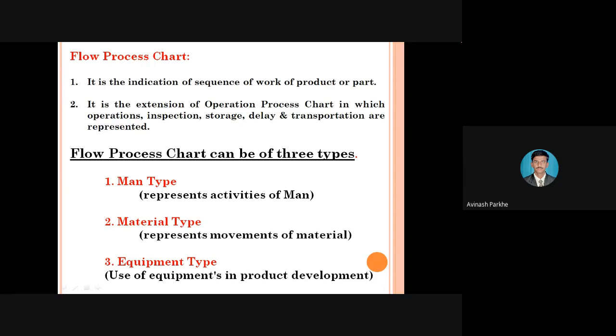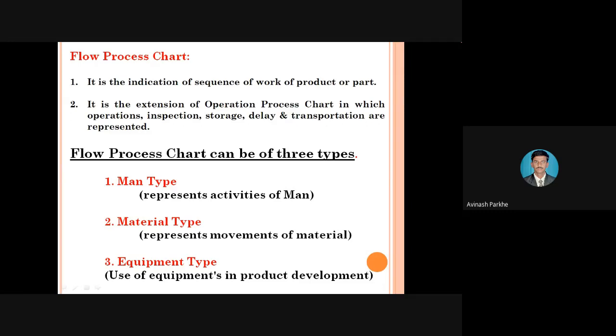In the operation process chart, only two symbols are there: one is the operation and the other is the inspection. Each inspection that takes place is represented by a rectangle, and the operations that are performed are represented by a circle.